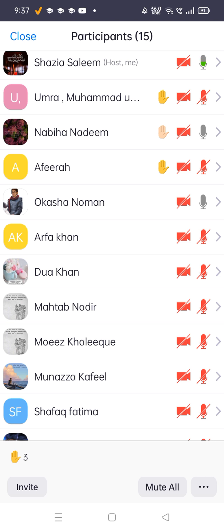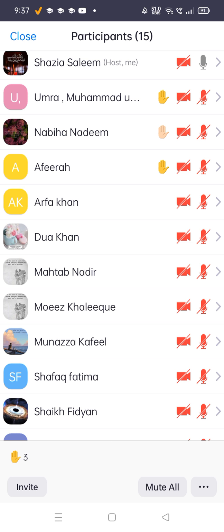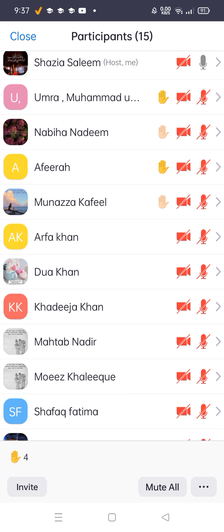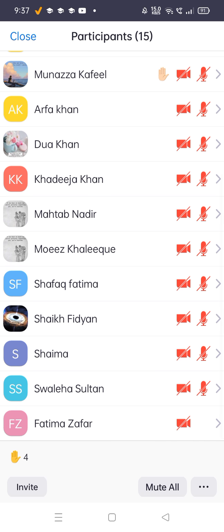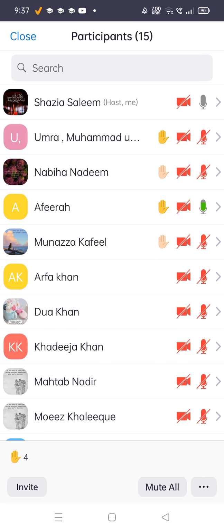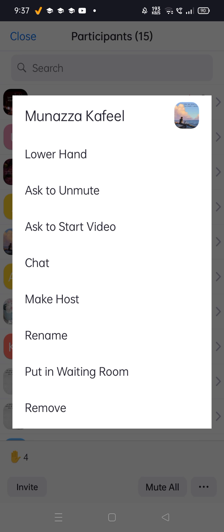Okay, so the next question is, arrange the animals into a meaningful food chain. So these animals should be arranged, meaning which should come first, then second and third, so that they form a meaningful food chain. Afira, you tell me.